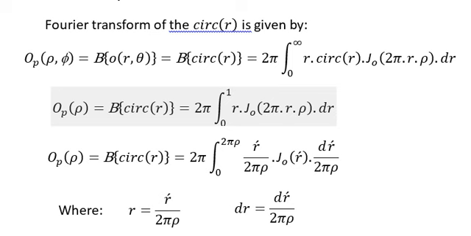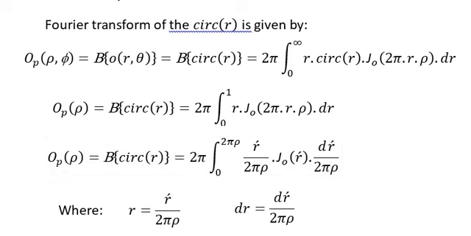For that we are going to use substitutions. This is what is in the last row. For example, here we have given the substitution that r is equal to r prime over 2 pi rho, and dr is equal to dr prime over 2 pi rho, and the limits that we have calculated from 0 to 1 will be replaced by 0 to 2 pi rho.